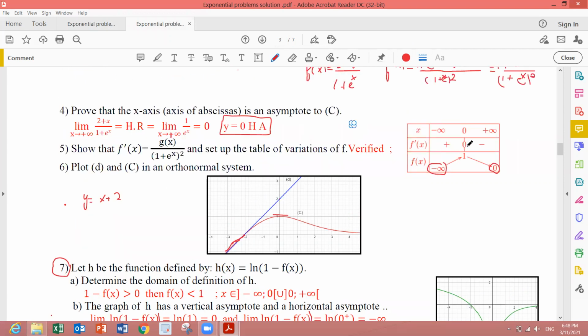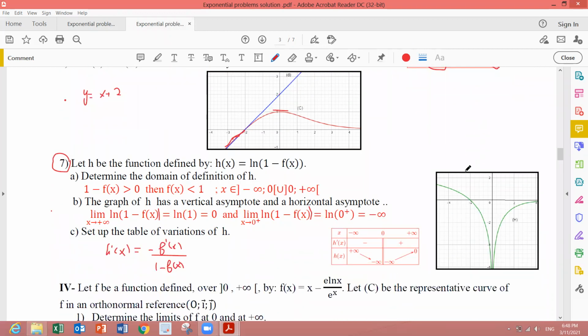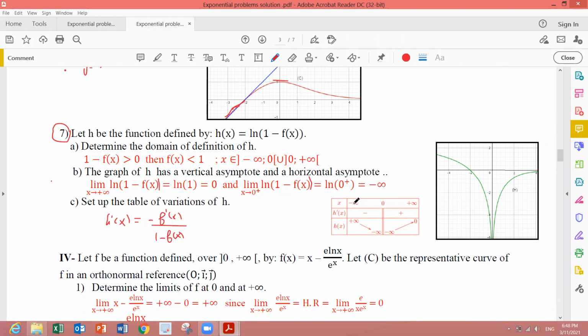F prime before 0 is positive and after 0 is negative, so h prime has the opposite sign. Domain is minus infinity, 0, plus infinity: negative, positive, decreasing, increasing.